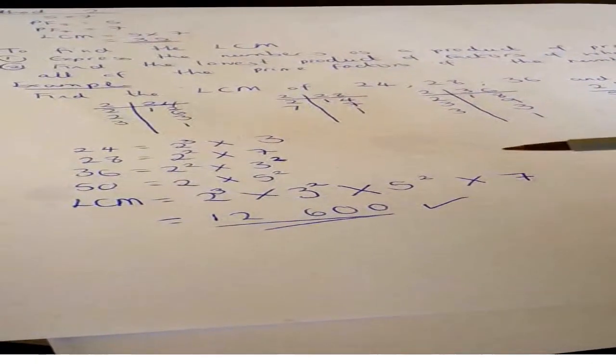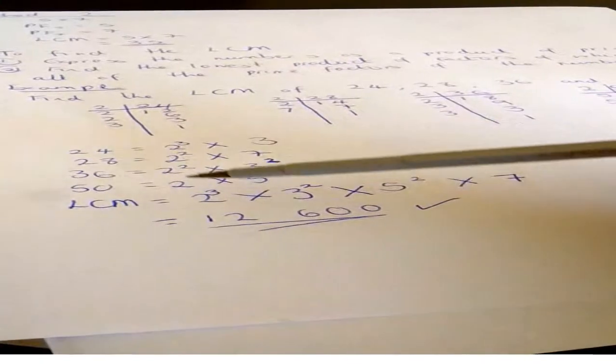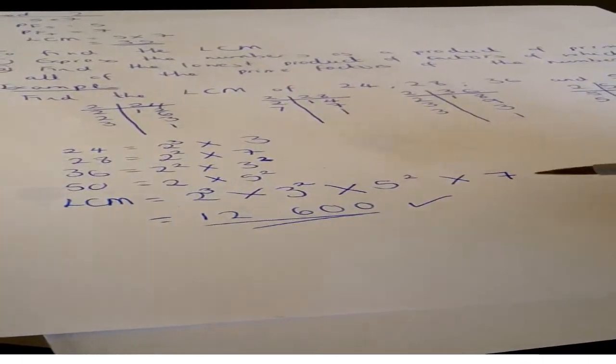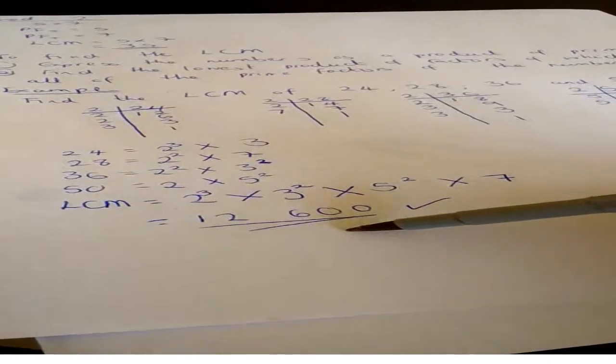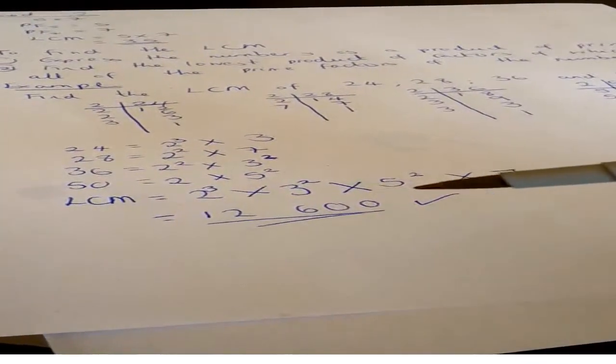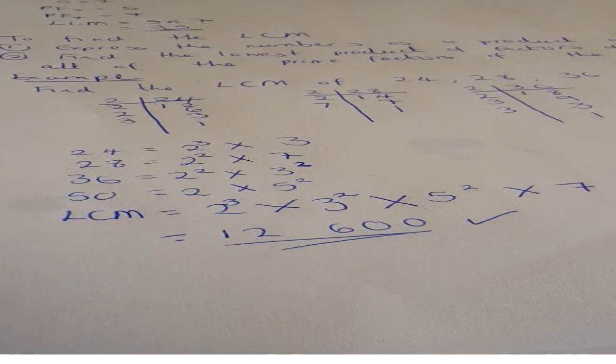So the prime factors that we found were 2, 3, 5, and 7, and the highest powers were 2 to the power of 3, 3 to the power of 2, 5 to the power of 2, and 7 to the power of 1. Then we calculated it and it came out as 12,600. So 12,600 is the lowest common multiple of this class.